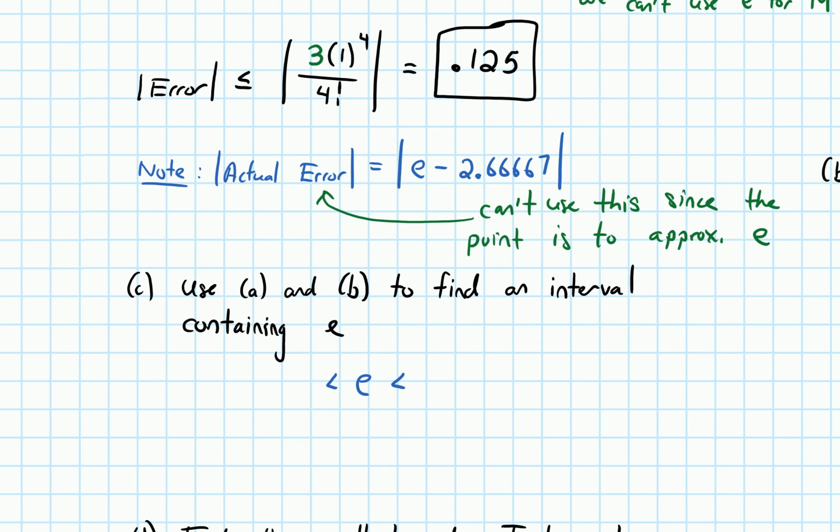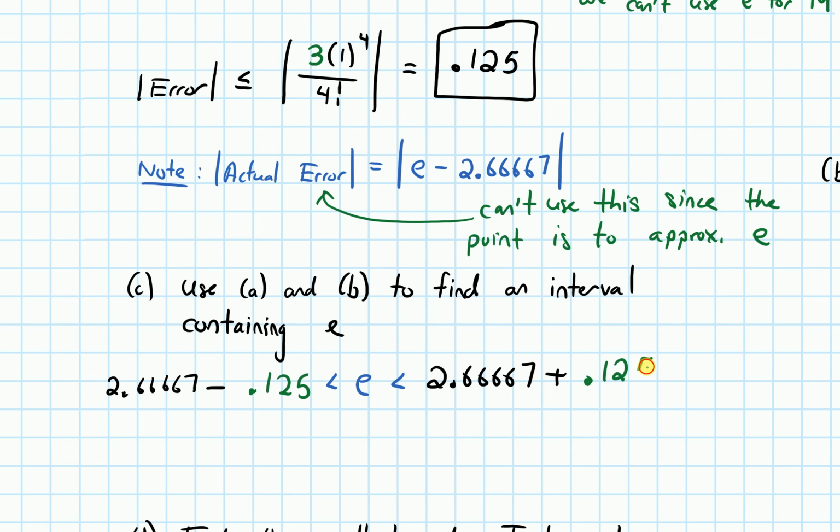It's going to be greater than 2.66667 minus some number, and it's going to be less than 2.66667 plus some number. In other words, I'm taking my estimate and I'm going to subtract and add a number from it. And the number that I'm going to subtract and add here is this upper bound on the error, the 0.125 that we just got.